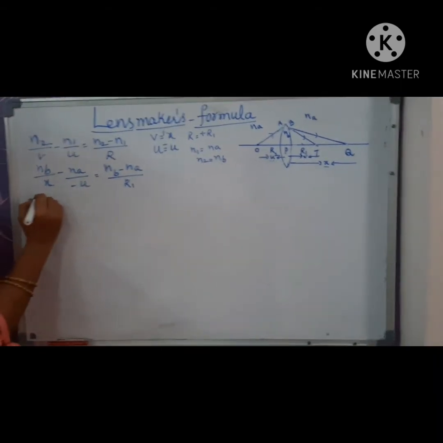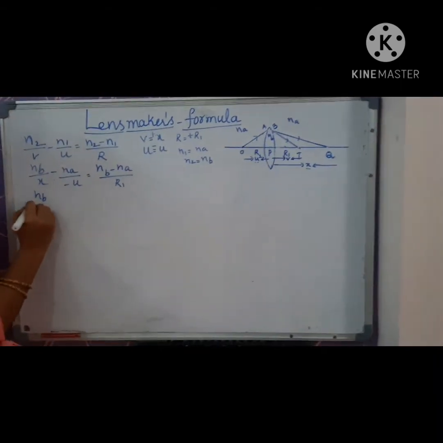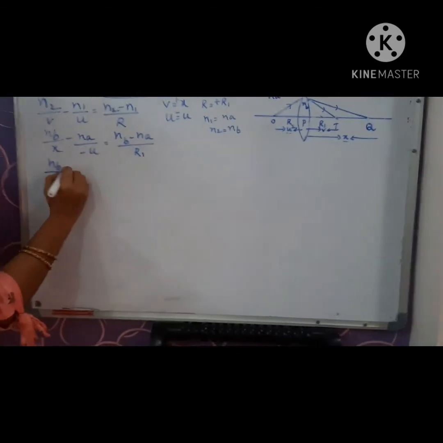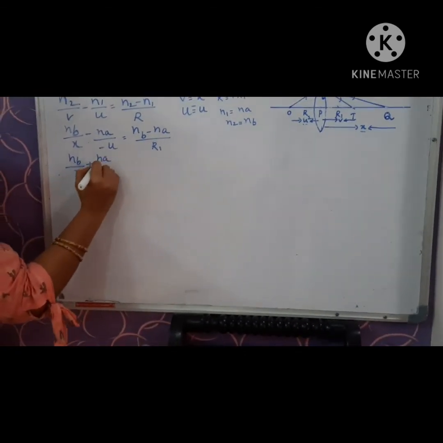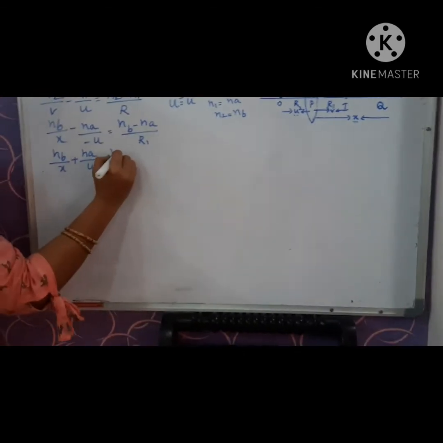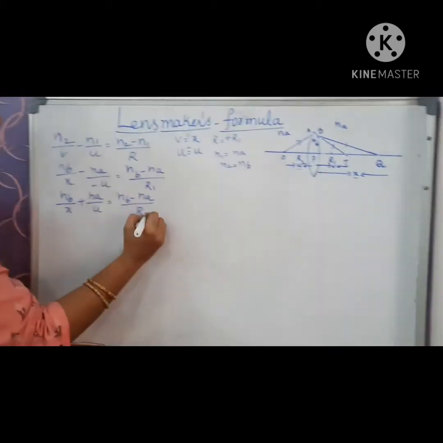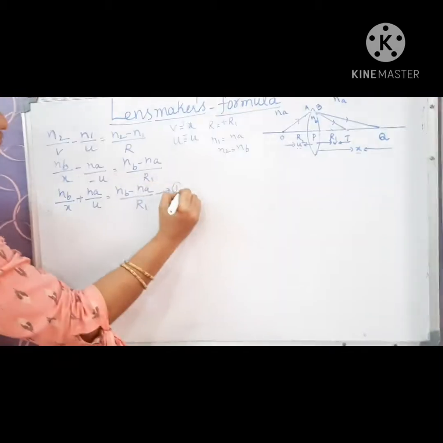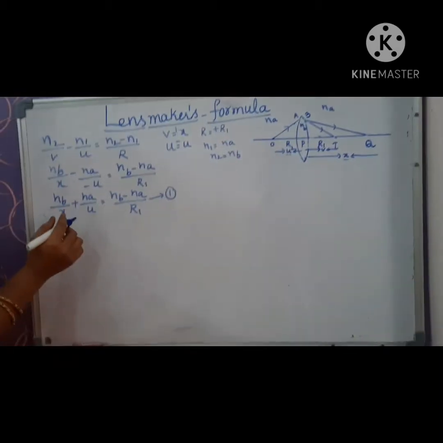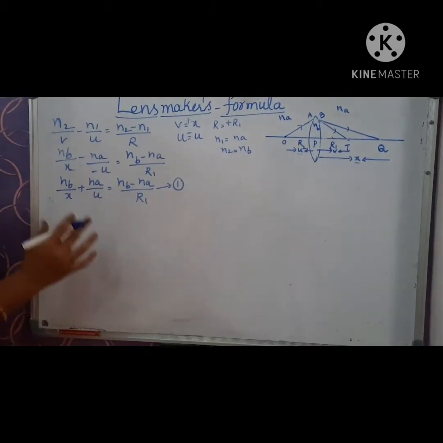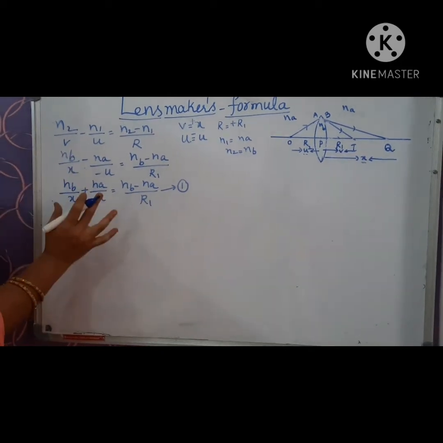So let us write it in another way: Nb by X plus Na by U is equal to Nb minus Na by R1. This is called equation number 1. This equation refers to the case when we consider only one spherical surface.